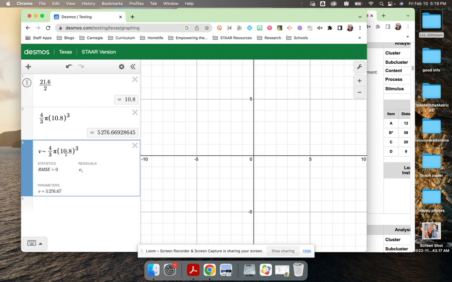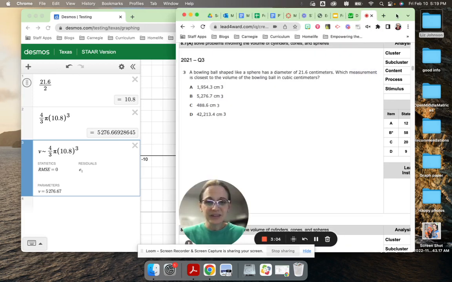So I'm using the equation solving process here, and this time Desmos is telling me the value of v, which you can see I get the same result either way, about 5,276.7 once you round. And so that would be answer choice B.